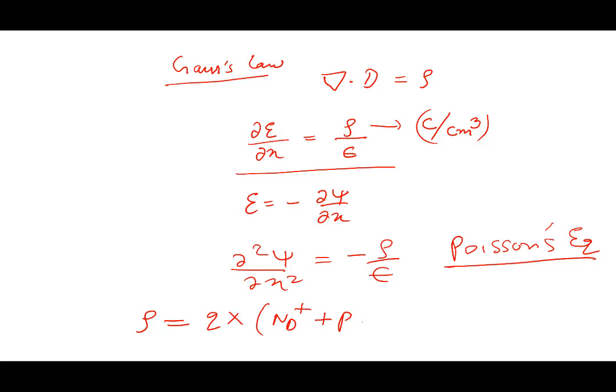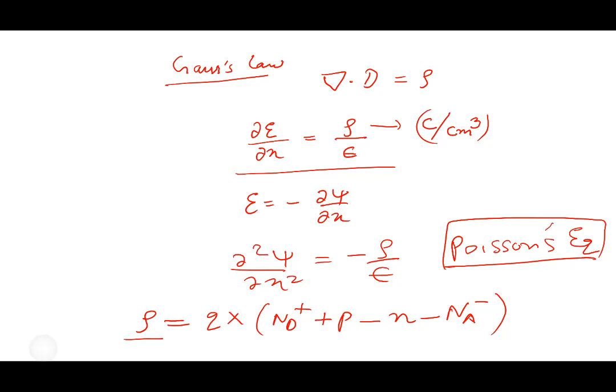And where do negative charges come from? N electrons, and if I have Na minus. So this is general. So rho is Q. In some region I may have Nd, in some region I may have Na minus. Maybe I have both of them. Maybe I have none of them. I don't have Nd, I don't have Na. That's a general expression for this. So Gauss's law or Poisson's equation is obviously very important for us because it's relating electric field and charge.